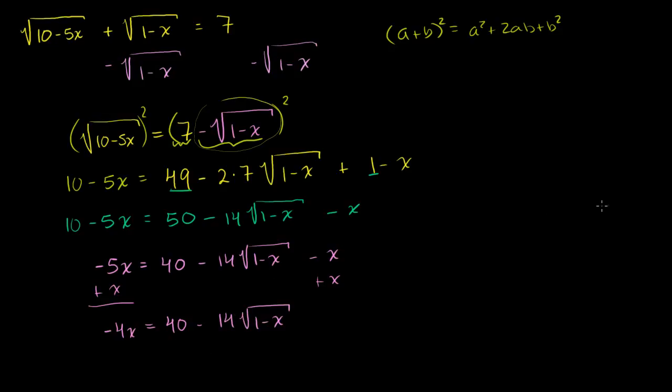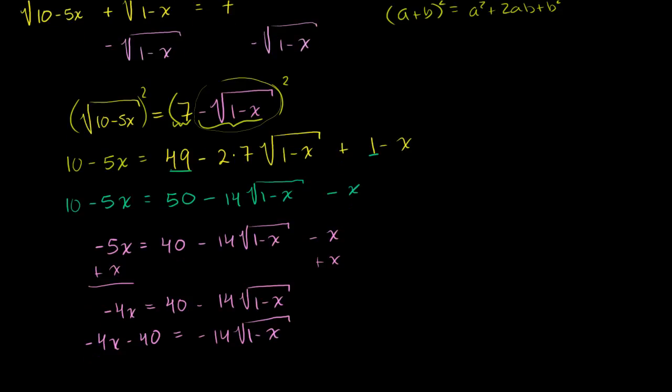And now let's subtract 40 from both sides. I'm just trying to isolate this expression right here. We get negative 4x minus 40 is equal to negative 14 times the square root of 1 minus x. Just subtracted this from both sides, so it disappeared on the right, and shows up in negative form on the left.